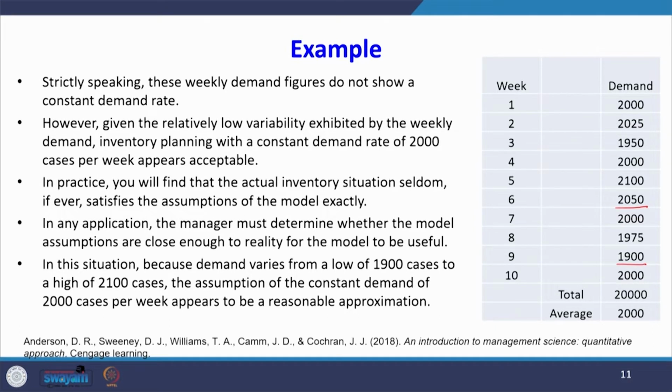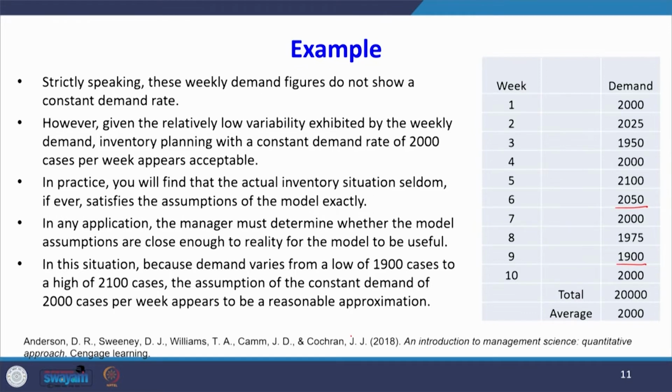So, we are going to do this analysis assuming that the average demand is 2000 cases per week. In practice, you will find that the actual inventory situation seldom, if ever, satisfies this assumption of the model exactly. Many times the demand will not be constant, but we are assuming it is constant demand. In any application, the manager must determine whether the model assumptions are close enough to reality for the model to be useful.